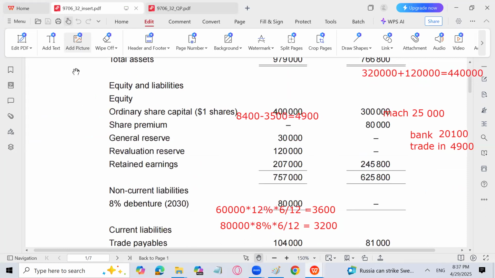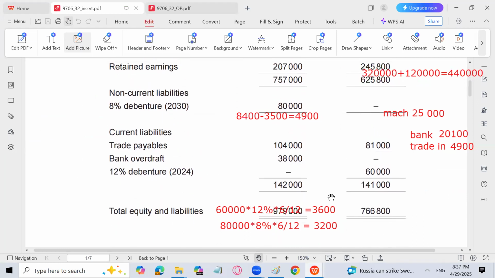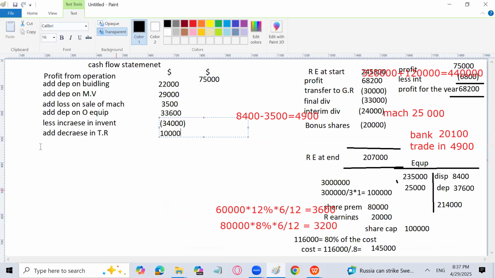Then come the trade payables, 81,000 and 104,000. So trade payables are increasing by 23,000. So that will be a cash inflow, purchases on trade payable. So there is a cash inflow of 23,000.